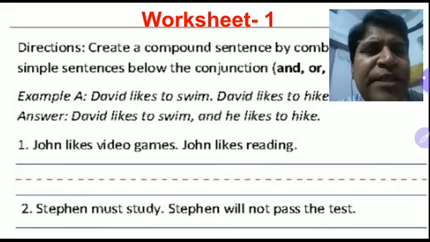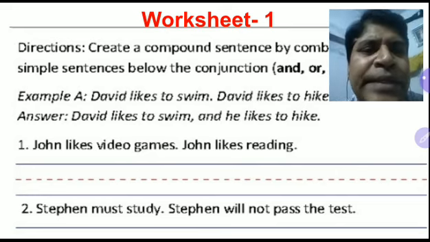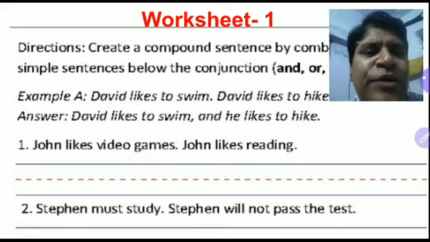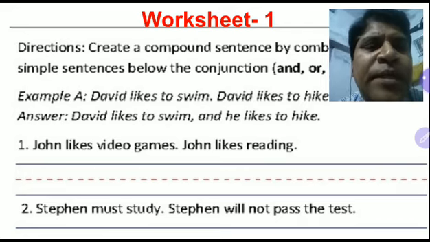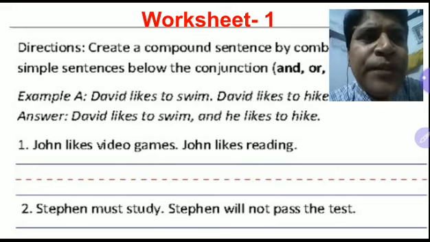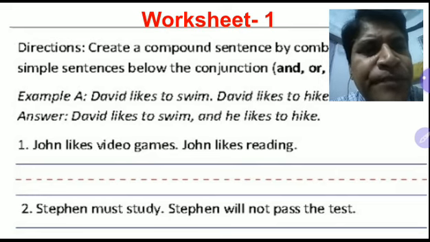Since there is no contrast, rather something has been added to something else, addition is to be done with and. Let us see. John likes video games and he likes reading.